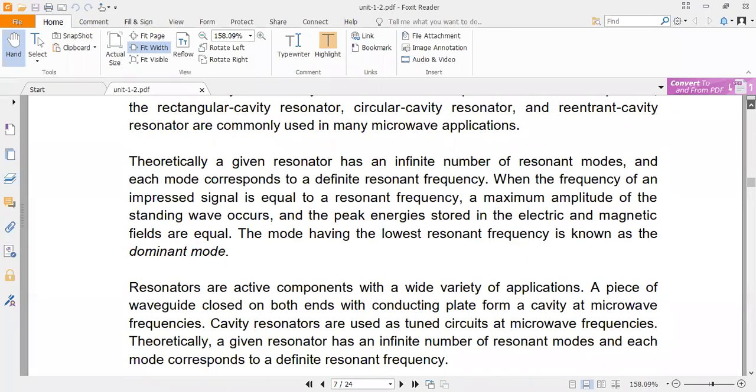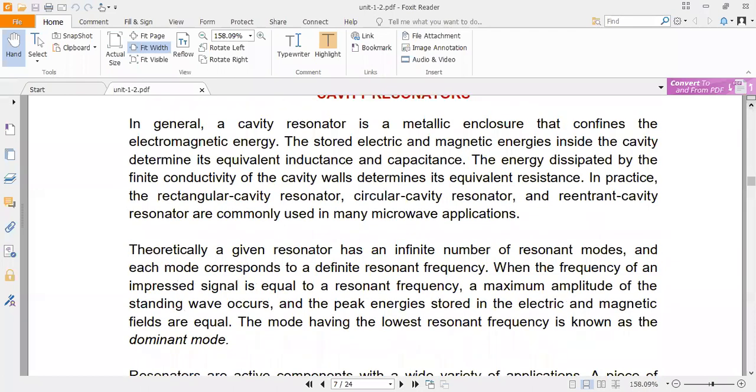The stored electric energy and the stored magnetic energy are represented with a tuned circuit, that means it consists of inductance and capacitance, and the energy dissipated by the finite conducting walls of the cavity determines its equivalent resistance. What are the types of cavities available? Rectangular cavity, circular cavity, re-entrant cavities. These are basically the three cavity resonators available.